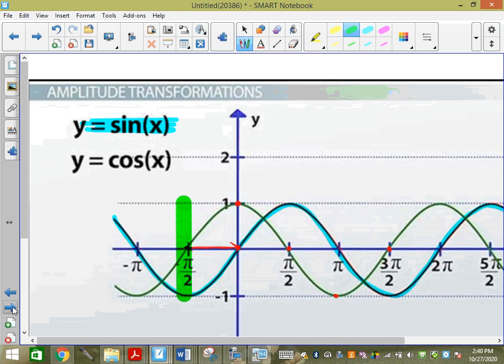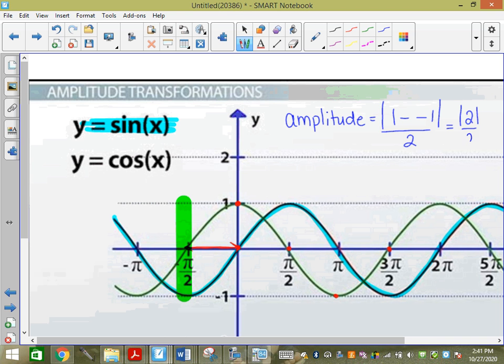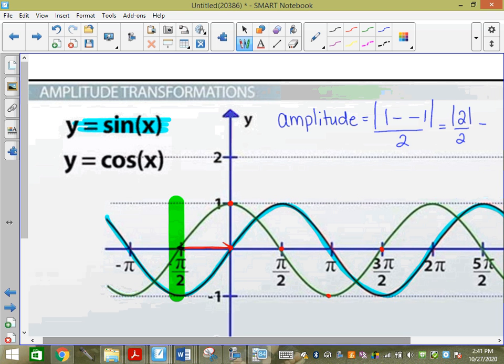And I could use the formula if it was off of a graph: the amplitude equals the absolute value of the max minus the min, and the min is -1, divided by 2, which is the absolute value of 2 divided by 2. Absolute value just turns every negative into a positive, right? So it would be 1. So I could use the formula, or I could literally count: it's from -1 to 1, that's a distance of 2, and the amplitude is 1, because it's half that distance. So you can use the formula, or you can count it if it's a graph.